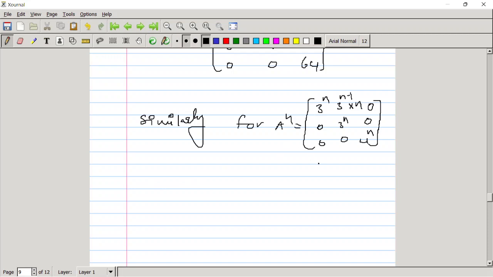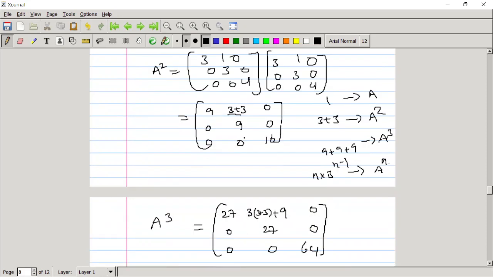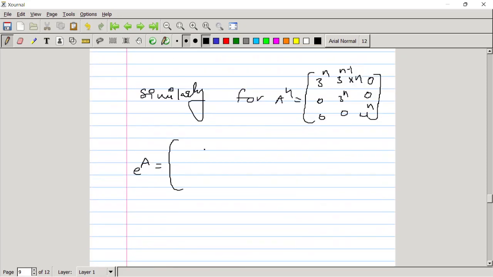So this is A power n, so we get e power A, which is nothing but I plus A plus A square by 2 plus A cubed by 3 factorial and so on. Writing the elements of those matrices, we get 1 plus 3 plus 3 square by 2 factorial plus and so on.